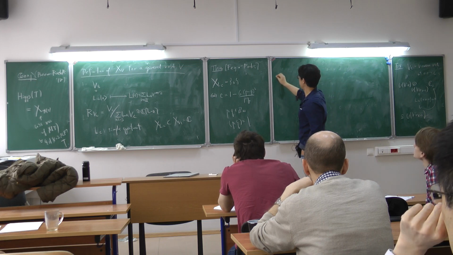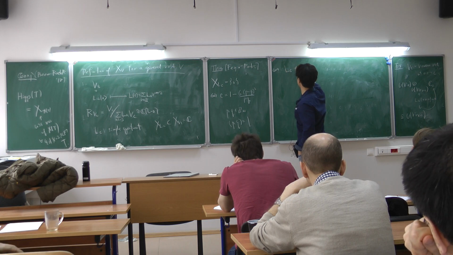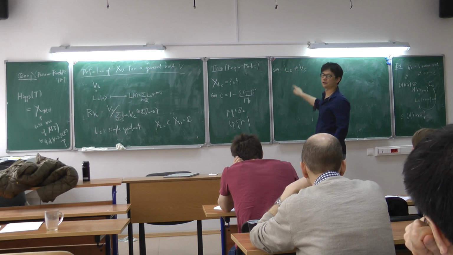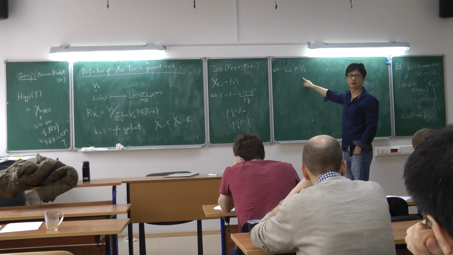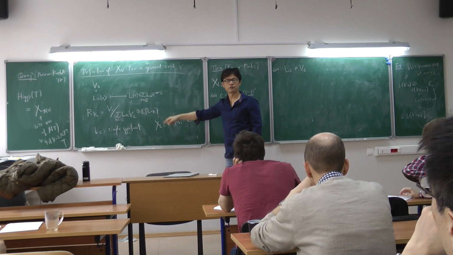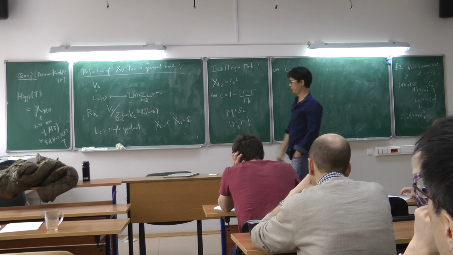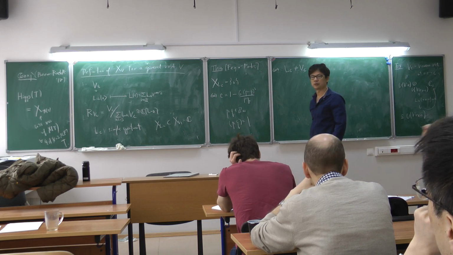And actually, this is the same as L_c not being V_c. So if this is reducible, you have a singular vector, and the image of a singular vector here is non-zero. So the zero locus must be the point.